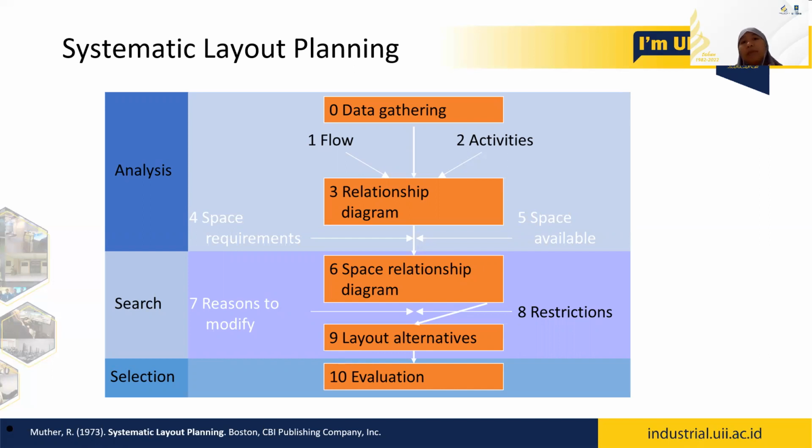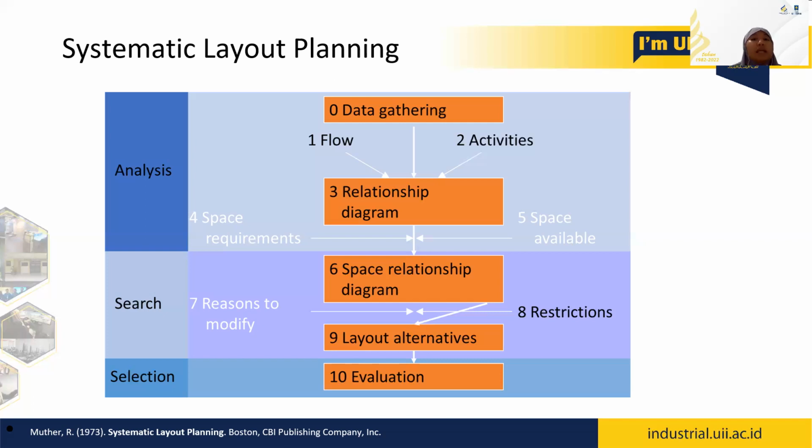Okay, so for example, the flow itself is actually focusing on the product and how the people move, let's say the staff, maybe the workers, operators, and we are focusing a lot on the product. However, in the activities, we are focusing also on the departments aside from the production department.